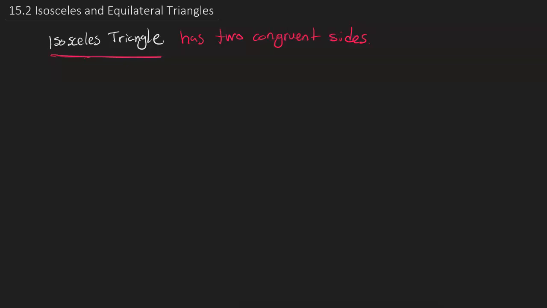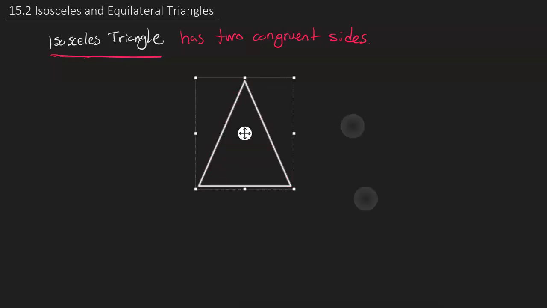Let me just use a quick sketch feature. Okay. So say that's my isosceles triangle. And this side is congruent to this side.